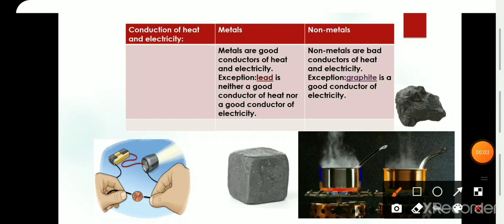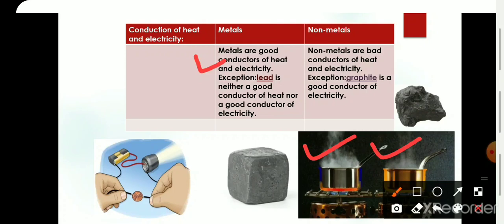Next property is conduction of heat and electricity. So metals are good conductors of heat and electricity. As we already saw in the previous slide, wires are made up of copper and aluminum, which are metals. So electricity can easily pass through these metals. As we already know, our cooking vessels are made up of metals. So metals are good conductors of heat and electricity.